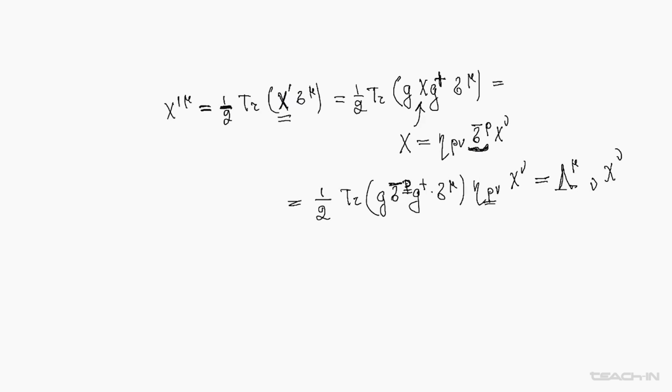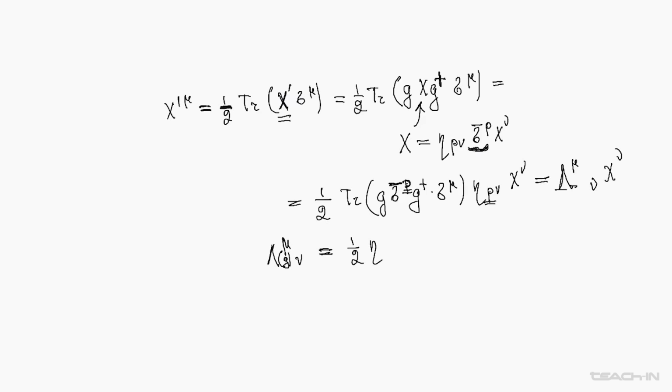So from here, by comparing, you write the formula for lambda mu nu, and lambda mu nu is an element which is now a 4x4 matrix for these indices mu and nu, but it's parameterized by an element G of our SL2C, and it's explicitly given by the following formula: 1/2 eta nu rho or rho nu. The metric is symmetric, so it does not matter how you write it.